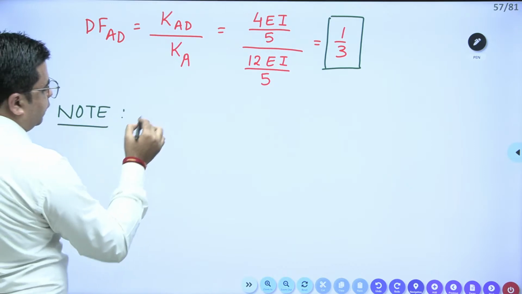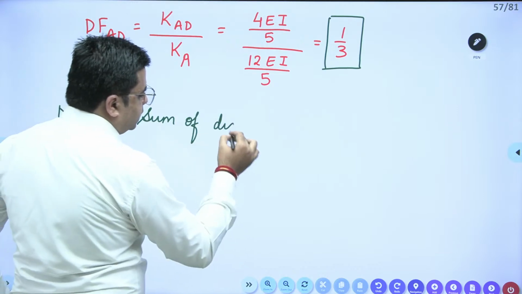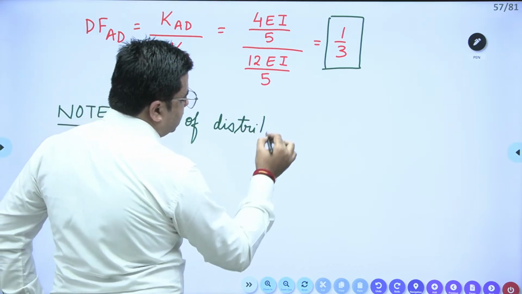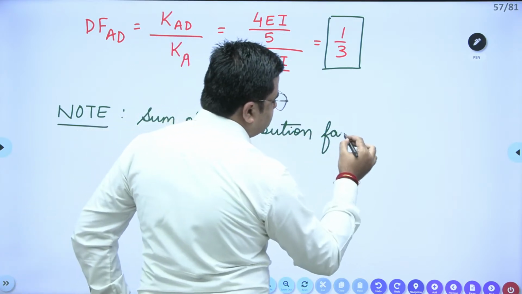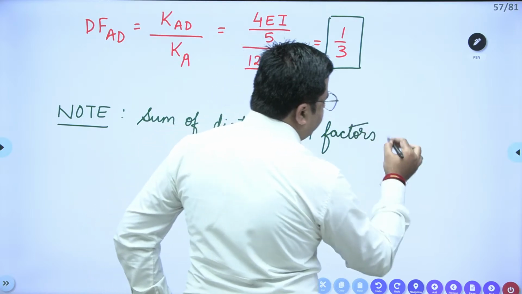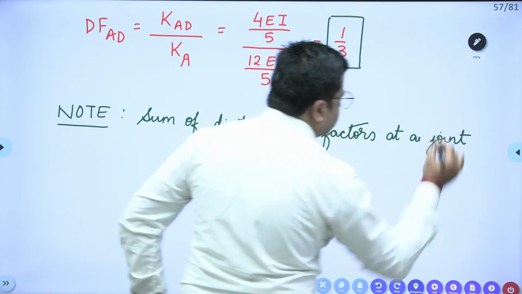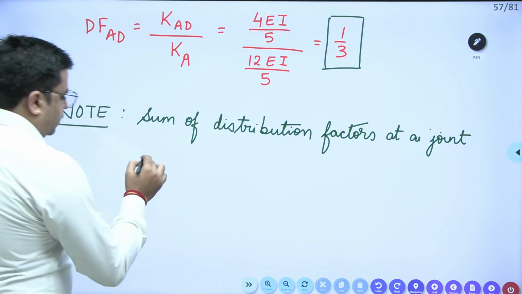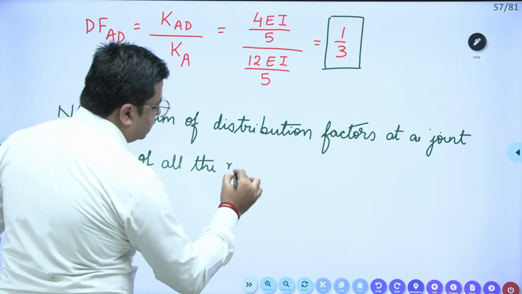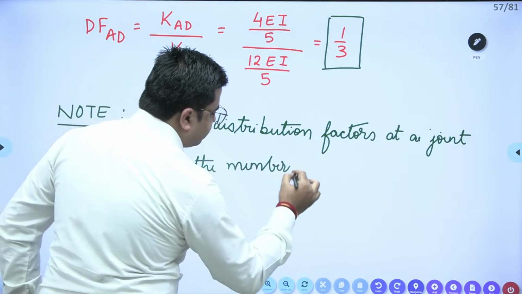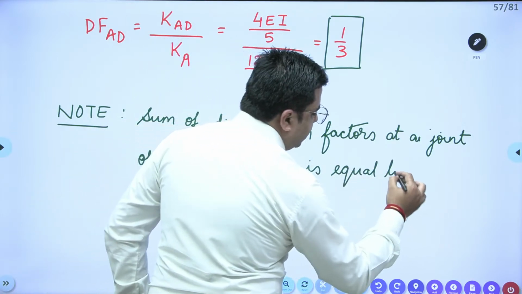The summation of distribution factors at a joint, the sum of distribution factors of all the members, is equal to 1.